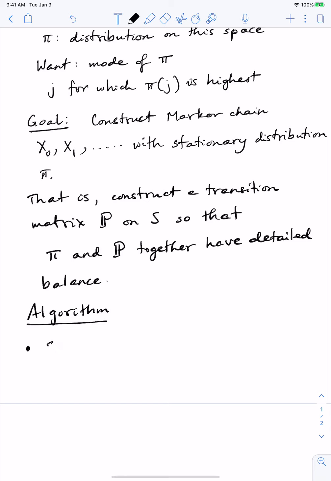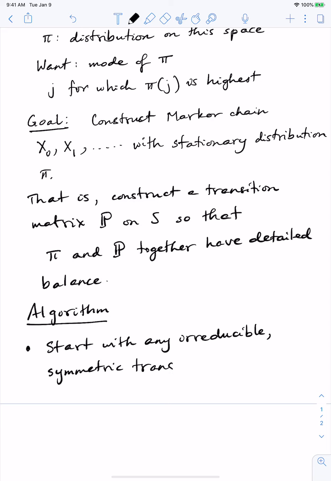Start with any transition matrix at all, almost. Start with any irreducible, and here's an important condition, symmetric transition matrix, which I will call Q, on your state space.